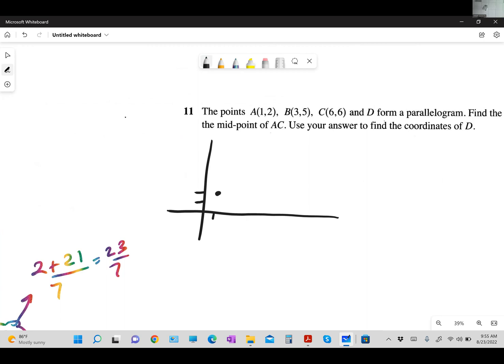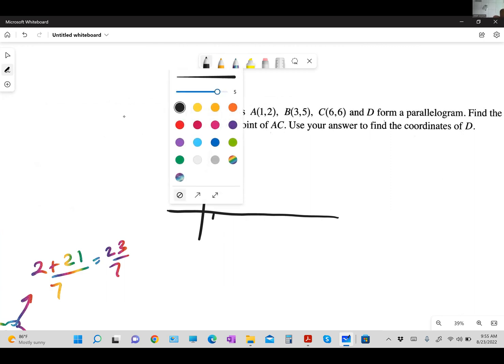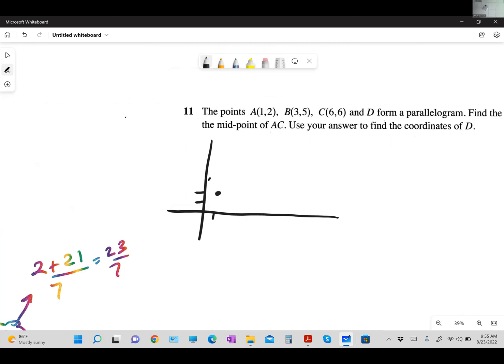All right. You know what it is? I know what it is. Let me make the point on my digital pen a little bit thinner. Oh, that's good enough. So this is (1, 2) right here. And then we have B, which is (3, 5), right?